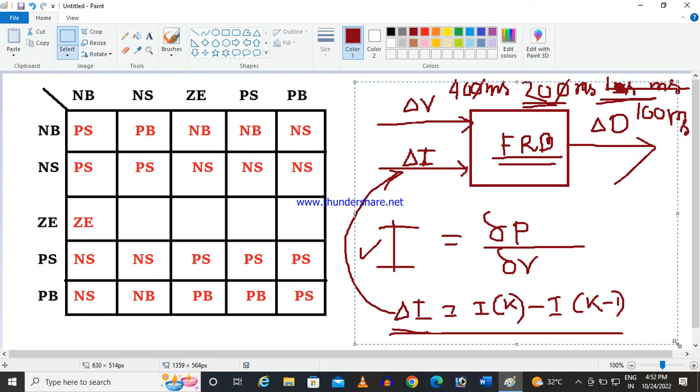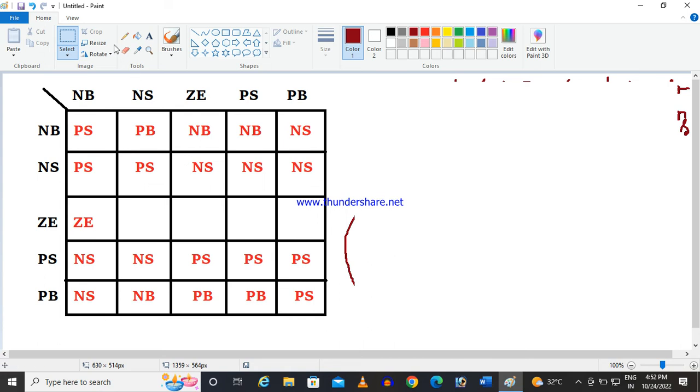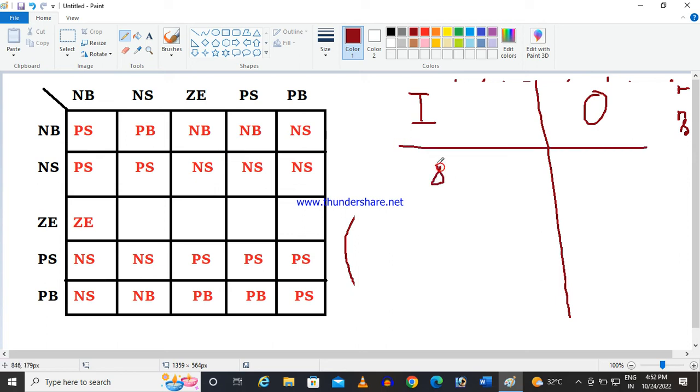Okay, so now we have defined the input and output. The input of this fuzzy system is del I and del V, and output is change of duty cycle.